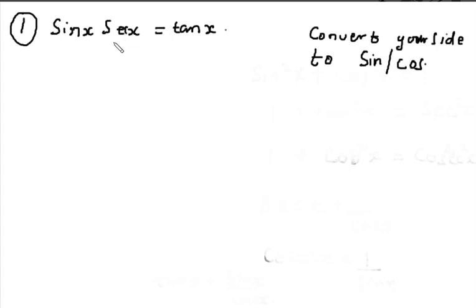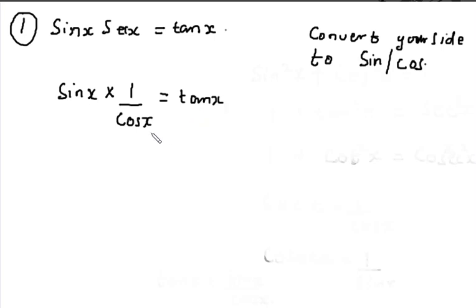We know that sine x is still sine x, and sec x is this multiplied by 1 over cos x from our relationship. So we are replacing sec x by 1 over cos x, and this is equal to tan x.